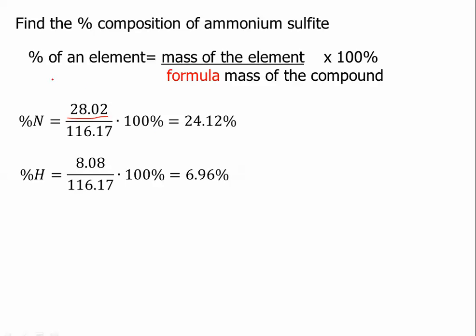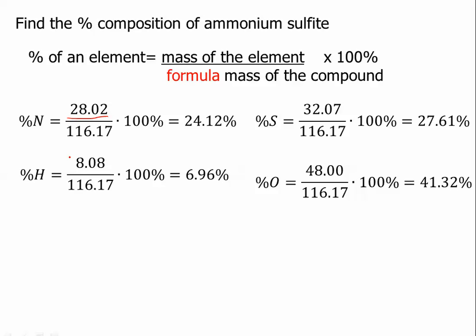For hydrogen, if you look at the previous slide, or in your notes, it's 8.08 divided by 116.17, 6.96%. Sulfur, 32.07 divided by 116.17 times 100, 27.61. And then oxygen, which we just figured out should be the most, is 48 divided by 116.17 times 100. And that did give us the biggest amount at 41.32%.